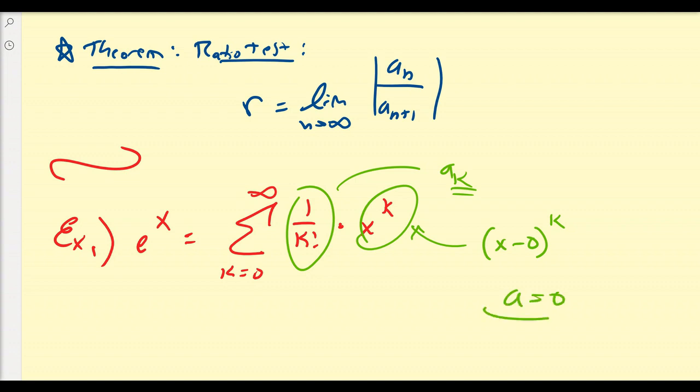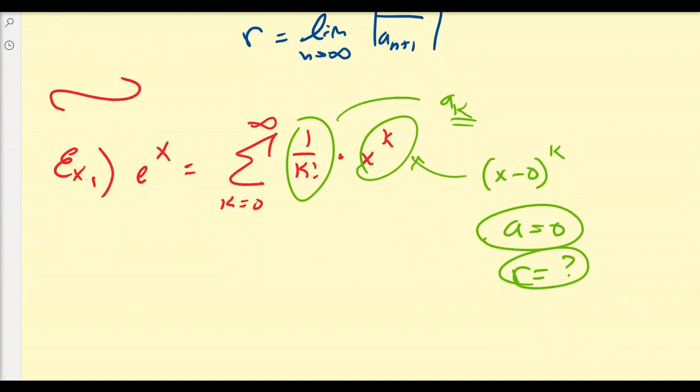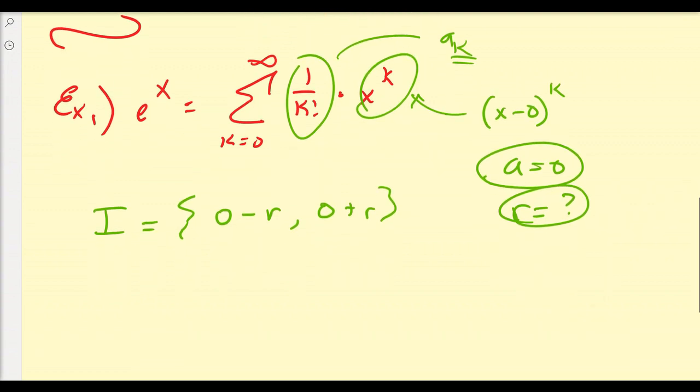So a is equal to 0, and our goal is to figure out, okay, what is r equal to so that we can find out what the radius of convergence is. So just from this setup, we know the interval of convergence is going to have the framework minus r, or 0 minus r, and 0 plus r, where 0 is coming from where this Taylor series is centered around.